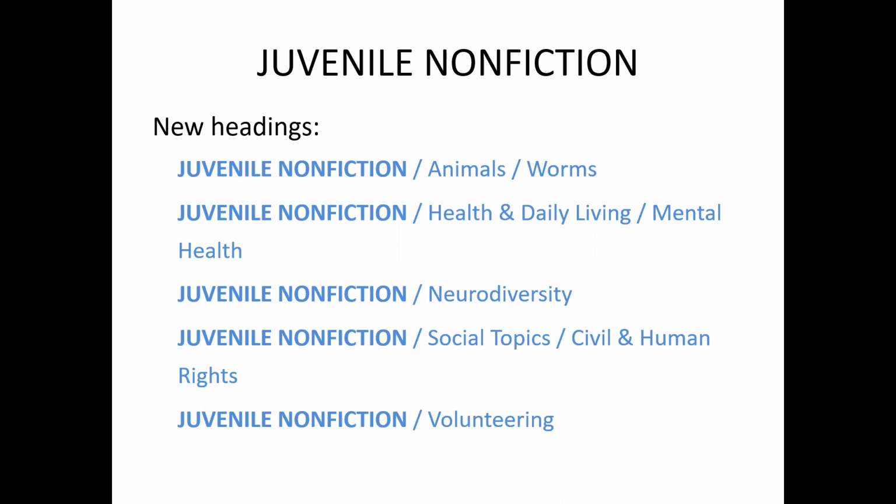And we moved volunteering out into its own heading, and changed the literal of social activism and volunteering to activism and social justice. So this is a case where publishers would have to move all their juvenile nonfiction books about volunteering into this new heading. So those were the sections where we made the most changes.